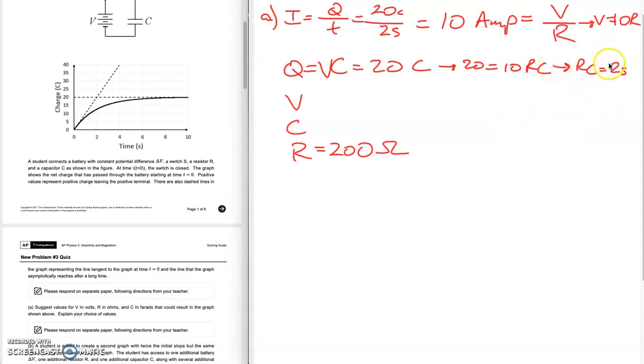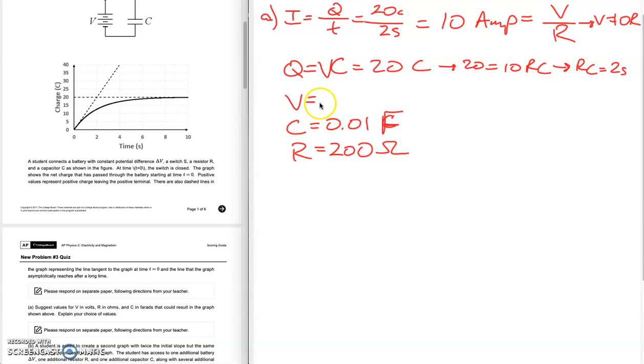That's our time constant. So when we do 200 times C, we need to get 2. That will produce a capacitance of 0.01 farads.